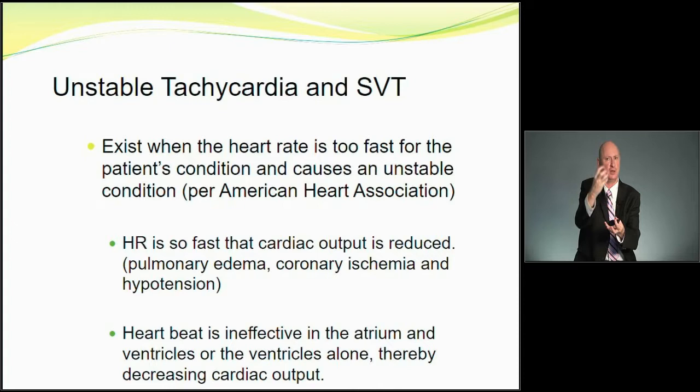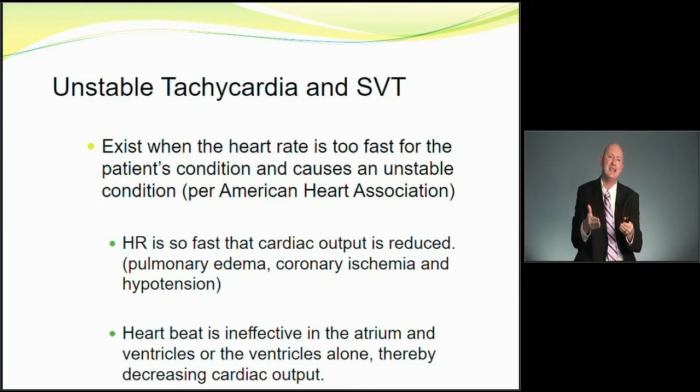There was something that occurred in the atrium, went down, the AV node did not play the red light like it's supposed to, and now it has gone into the ventricular areas and it is staying caught up with it. Okay? So the heart rate is so fast that cardiac output is reduced. So what happens? Patient can get pulmonary edema. They can have chest pain because cardiac output's dropped, so we're not perfusing the coronary arteries, and we have hypotension. That is a patient that is unstable.